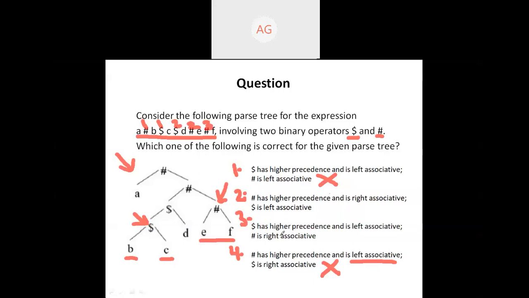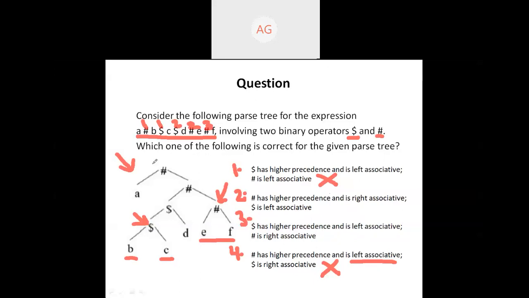Now we are going to check which is correct out of these two. As you can see here, the higher precedence operator is evaluated first because it has greater precedence than the other.